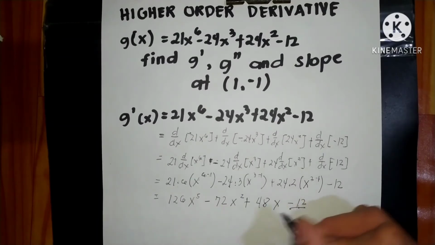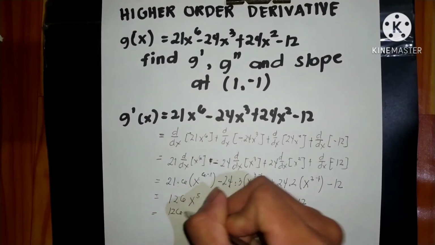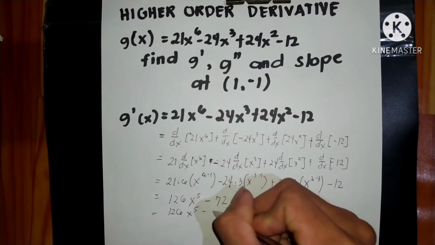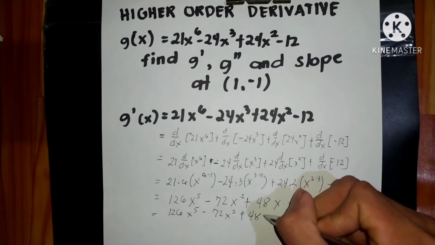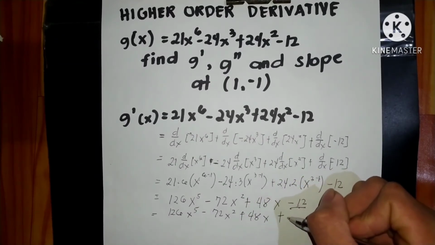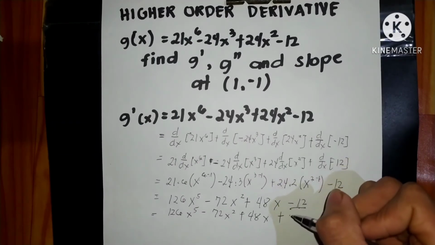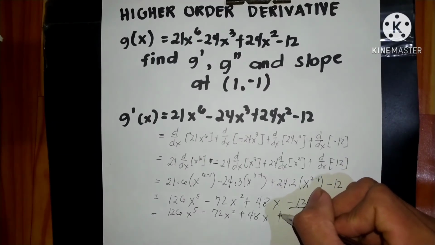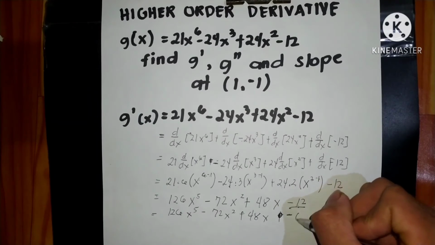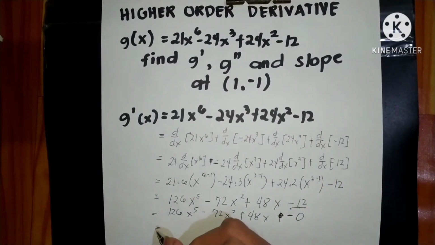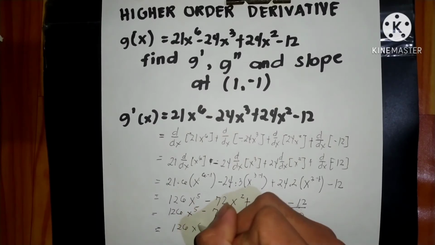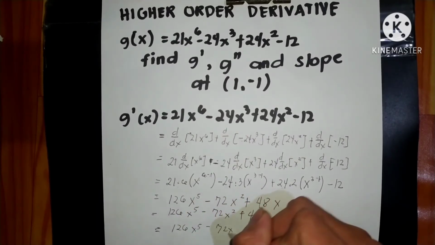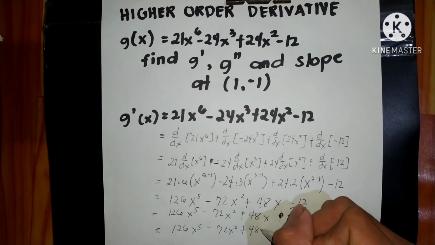So, 126x raised to the power of 5 minus 72x squared plus 48x plus, minus pala, minus 0. So, ang naiwan, 126x raised to the power of 5 minus 72x squared plus 48x.